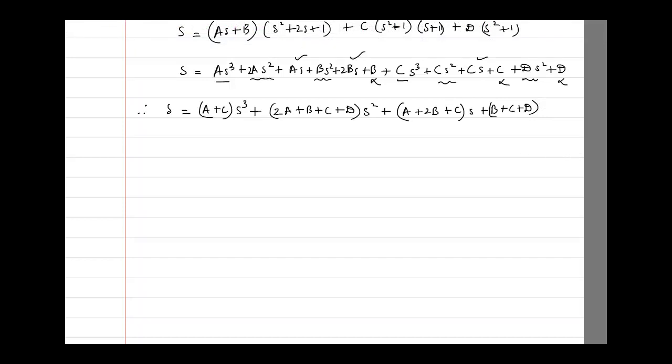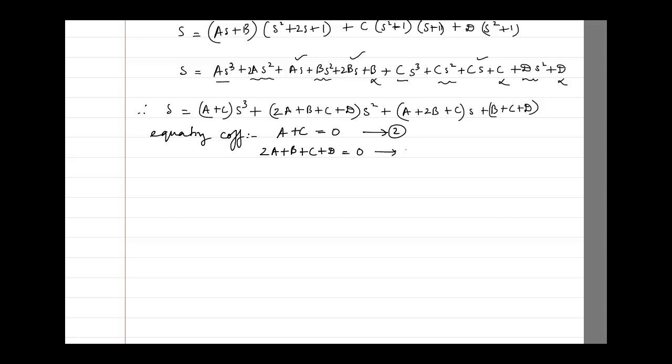Now I am going to equate the coefficients. There is no coefficient of s cube, so a plus c is equal to 0. This is my second equation. Similarly, the s square term is also absent, so 2a plus b plus c plus d is equal to 0.